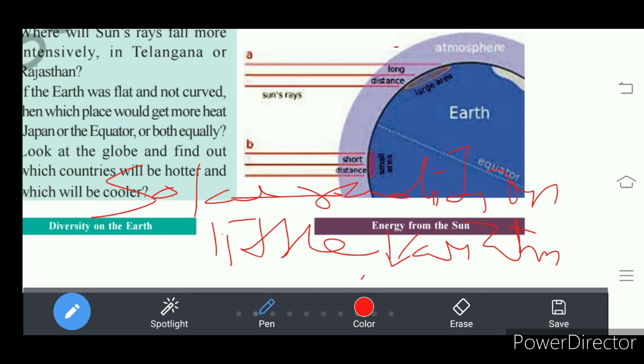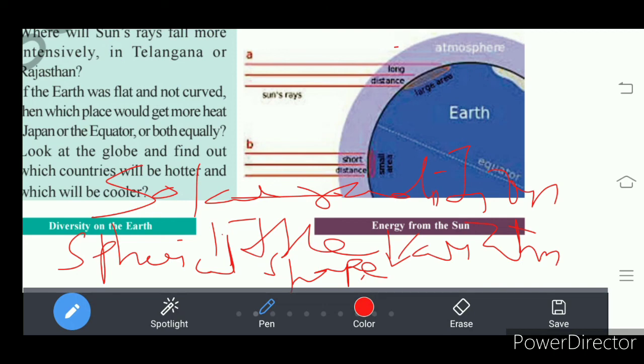Then how do we get some places hot and some places cold? This is because of the earth's shape. What is the earth's shape? Spherical. So due to the spherical shape, on the earth's surface we find an angle, what we call a curvature.